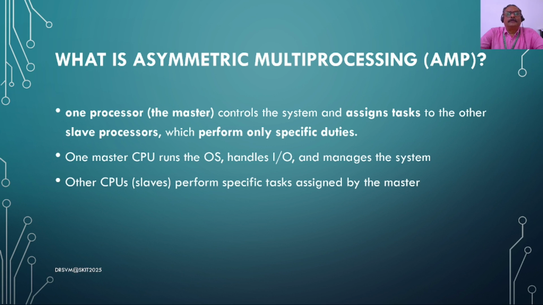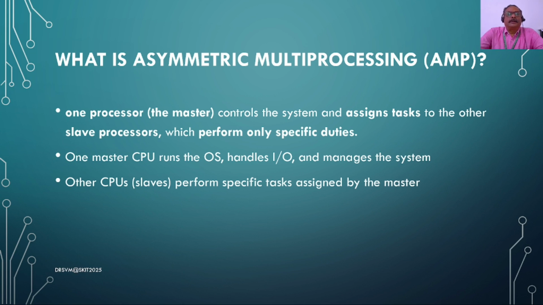Other CPUs perform specific tasks assigned by the master. So they have a very small part of the operating system that is sufficient to just communicate with the master and then take up the assigned task.